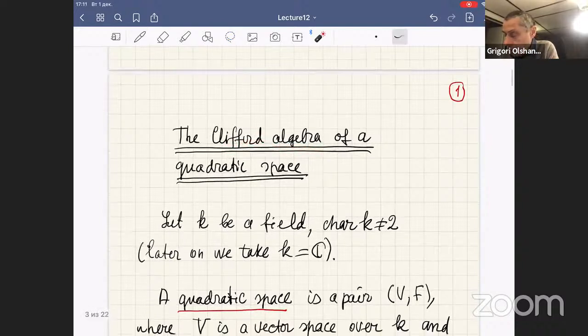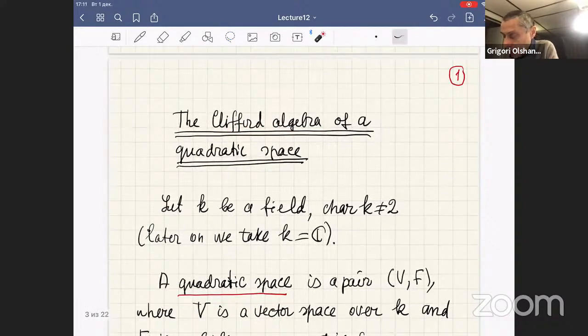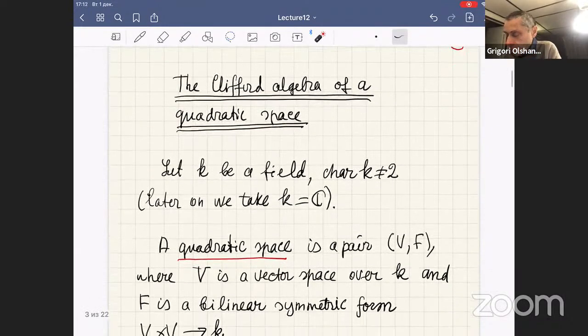Maybe you know this, but nevertheless, I would like to remind you about this notion. We can assume that K is an arbitrary field, but the characteristic is not equal to 2. Actually, I will need the complex field, but assume now that K is arbitrary.